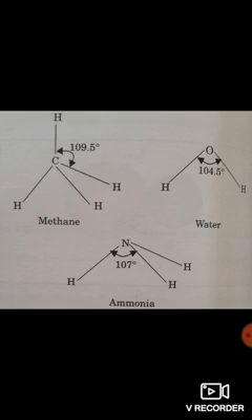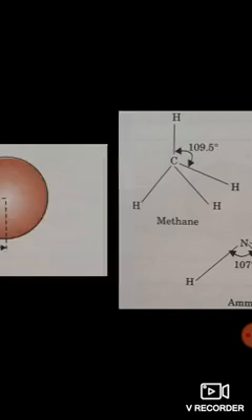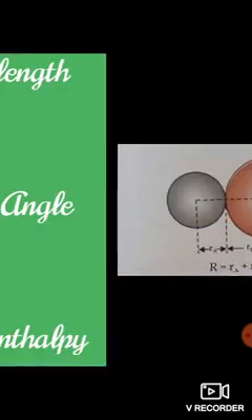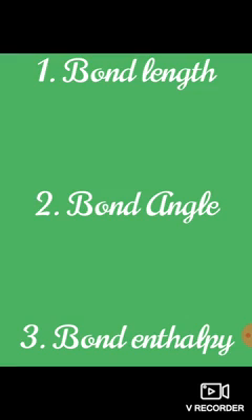Now we have the bond enthalpy. Okay, we will discuss the third, the bond enthalpy. I think we have learned that when a bond is formed between atoms, energy is released. This means that the bonded atoms have lesser energy than the separated individual atoms. Obviously, the same amount of energy will be needed to break the bond.